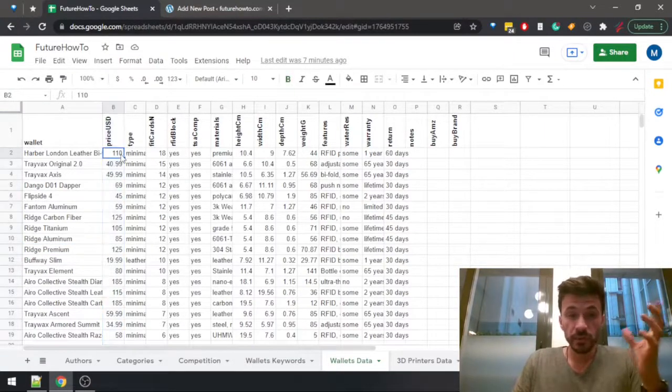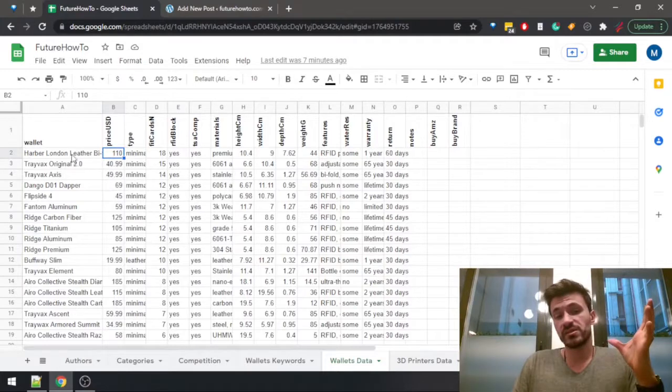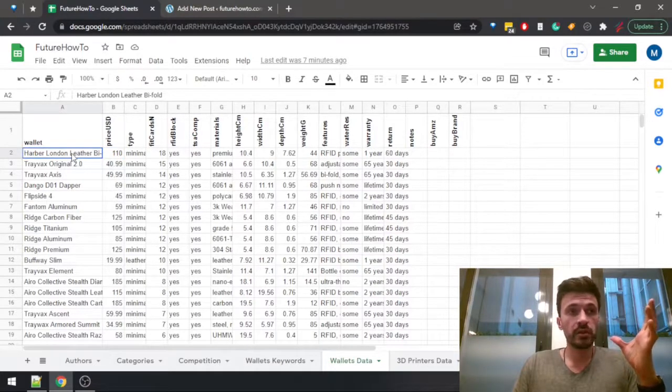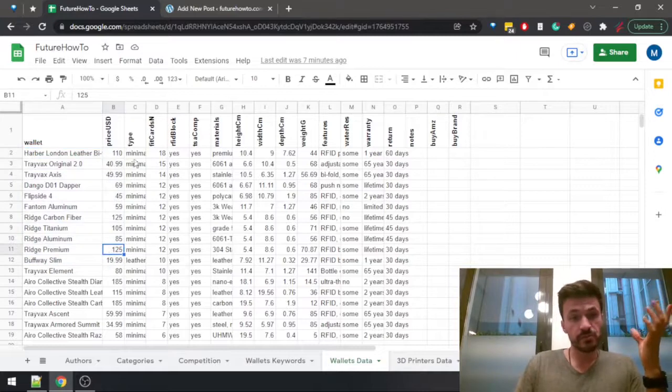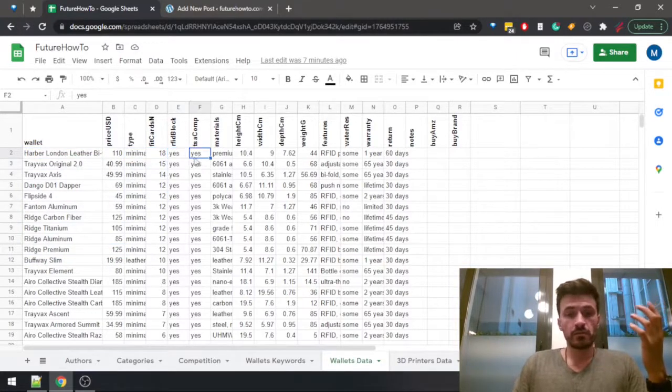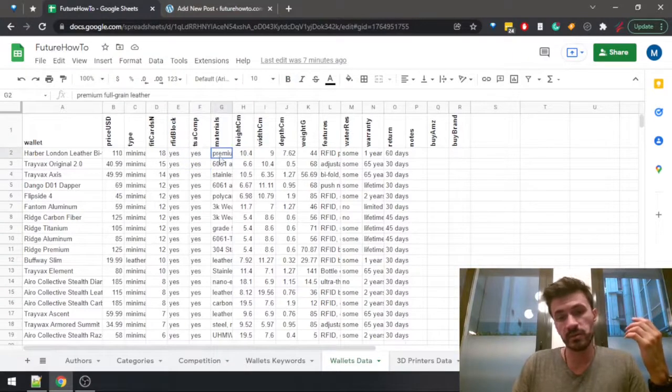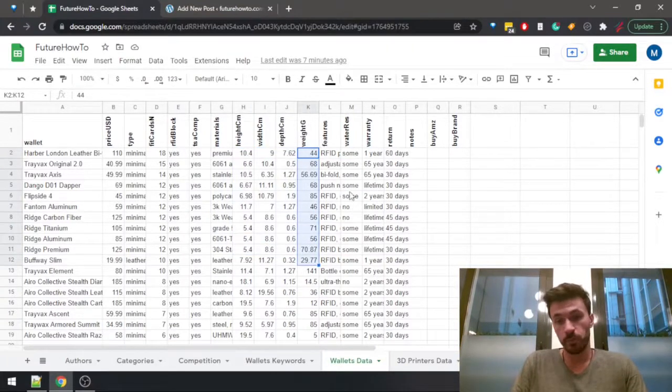Like I will do at some point best minimalist wallets that are premium price, best budget ones, best leather ones. They're all TSA compliant, but best aluminum ones, best leather ones, maybe smallest dimensions, lightest in weight, heaviest in weight, go both ways.